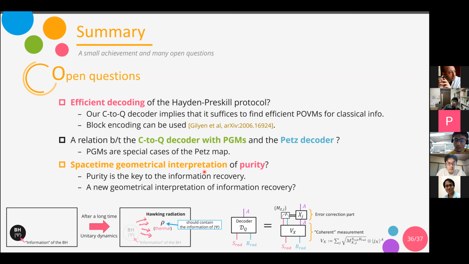The purity might have a good interpretation in terms of space-time geometry. I'm not quite sure, but if it does, then that is very interesting because we can interpret our decoder in terms of space-time geometry. But apparently I cannot do that by myself, so if some of you are interested, I'm very happy to work with you.